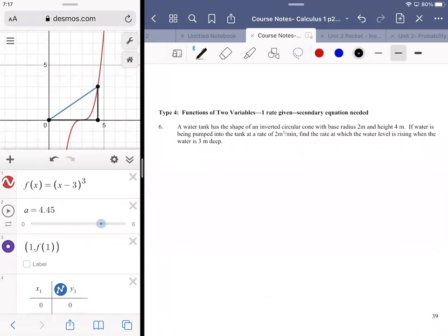It's classic. Every version of a calculus textbook has this kind of question in it somewhere, because for whatever reason, we're all very concerned with inverted circular cones. I don't know why. I think I do.